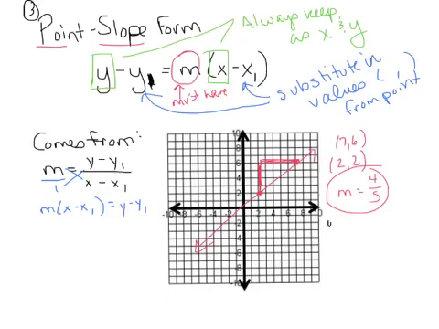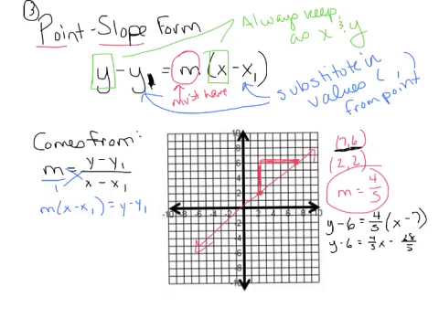Let's start with this point: y minus 6 is going to equal the slope of 4/5 times x minus 7. Looking at this, this is not going to come out pretty. y minus 6 is going to equal 4/5 x minus 28/5.